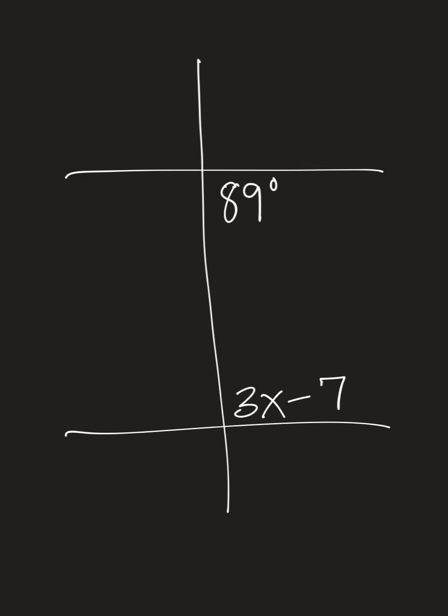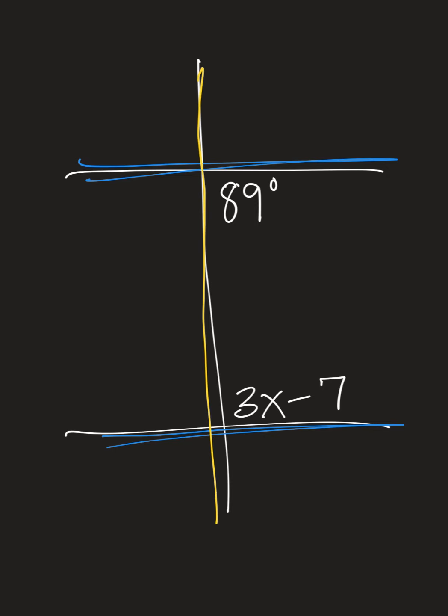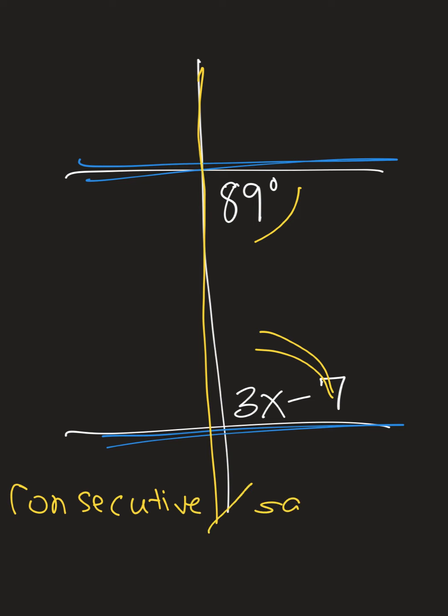Next, we have 89 degrees and 3x minus 7. So I'm going to look for my angle relationship first. Again, I see that these are inside the parallel lines, and they are on the same side of the transversal. If I look at the transversal here, 89 and 3x minus 7 are on the same side of the transversal. Now these are consecutive or same side interior, which are supplementary.